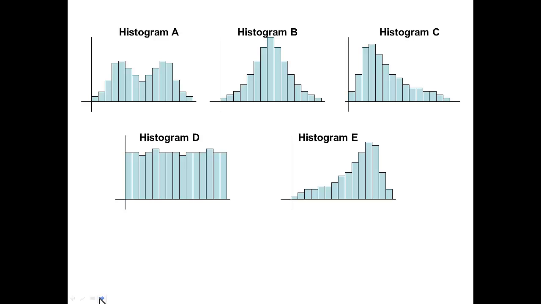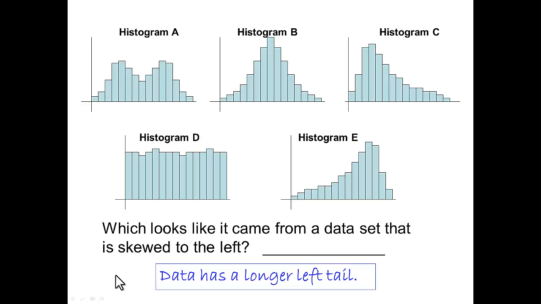Which histogram looks like it came from a data set that is skewed to the left? Well, histogram D is fairly evenly or uniformly distributed. Histogram C, we said, had a tail to the right.